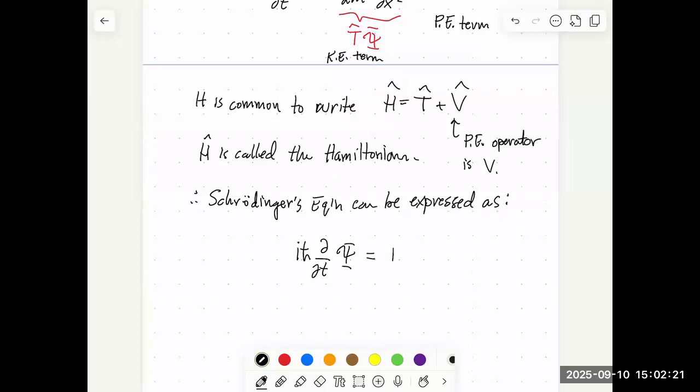But now we could say the right-hand side is just the Hamiltonian, which is the sum of the kinetic and potential energy operators acting on the wave function. Okay, good.